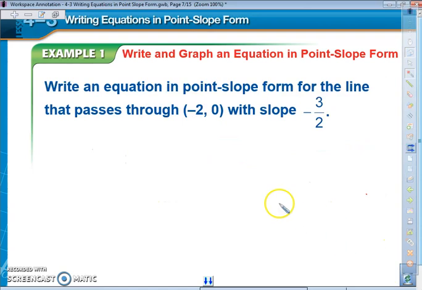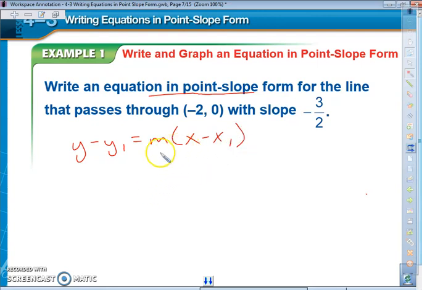All right, so here we go. Write an equation in point-slope form for the line that passes through. Now, it doesn't say solve it. It just wants the equation in point-slope form. So y minus y1 equals m times x minus x1.